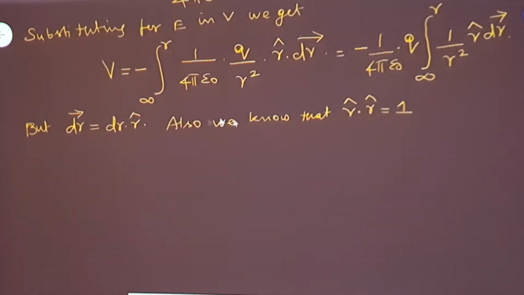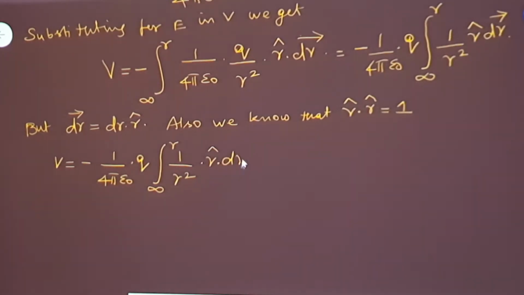So taking these two in the above equation, I can write the potential V as minus 1 divided by 4 pi epsilon 0 into Q, integral from infinity to R, 1 divided by R square into R cap as it is, and instead of dr vector I am taking this and substituting as dr into R cap. Here you see R cap dot R cap will become 1.